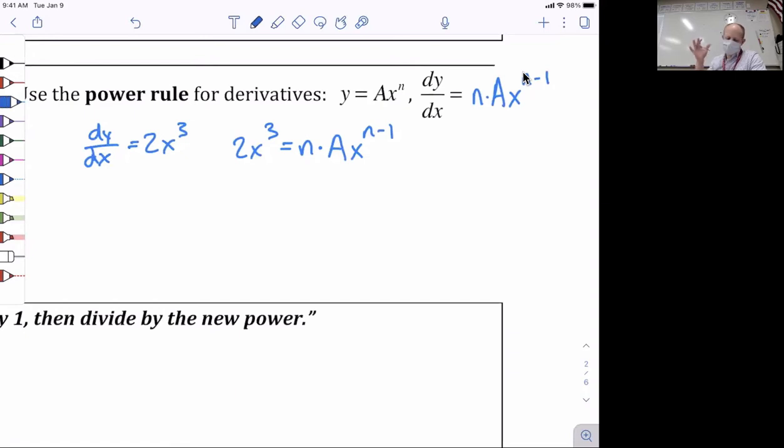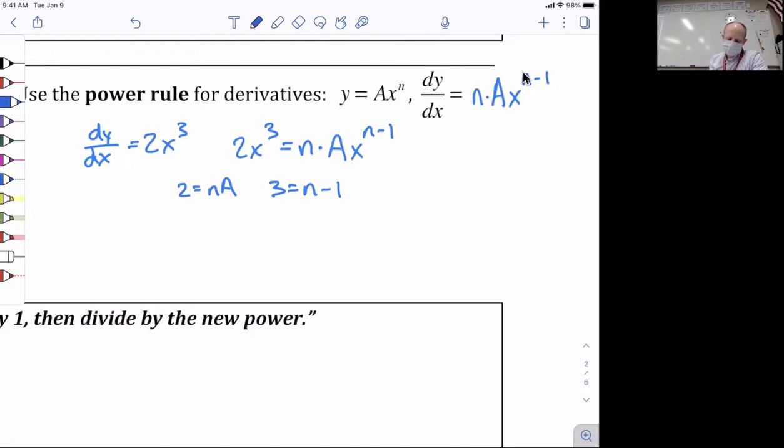So we actually get two equations here. We know that 2 has to equal n times a. And we also know that 3 has to equal n minus 1. So we have two equations, both of them are true.